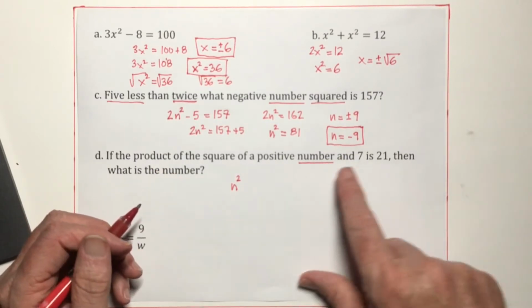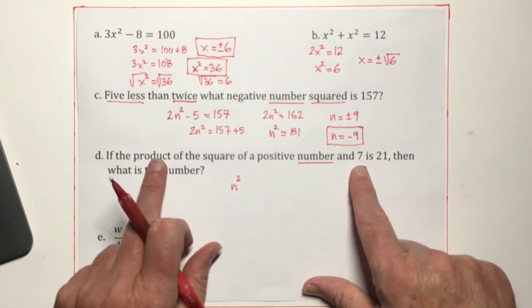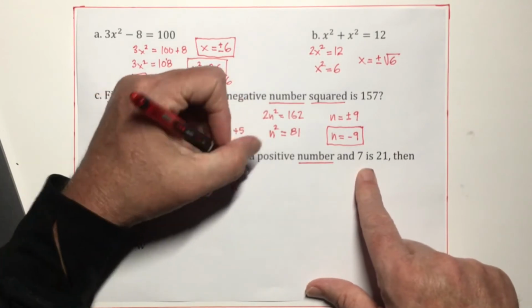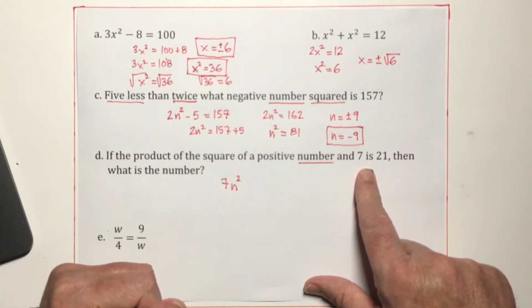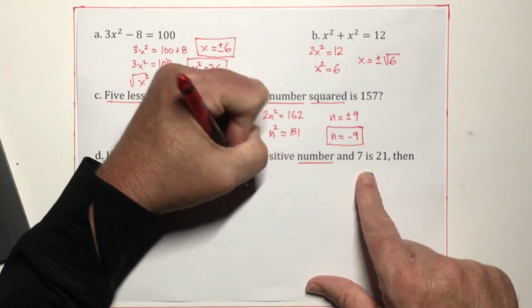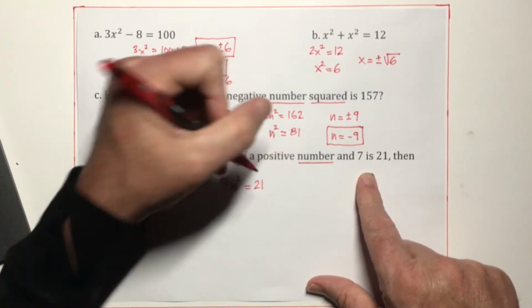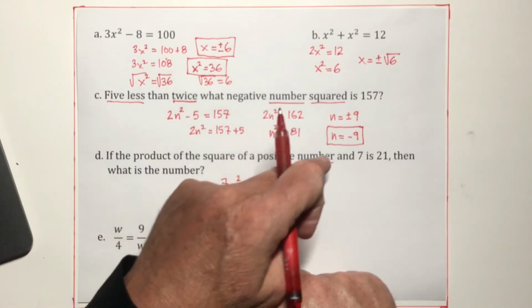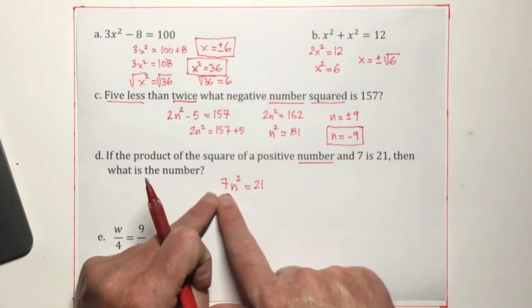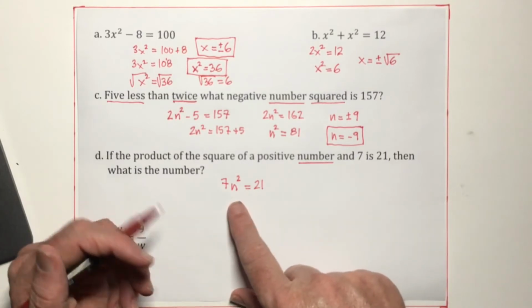That means we're multiplying our number by 7, the product of a number and 7. That means 7n squared is 21.